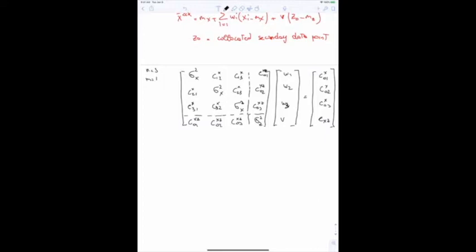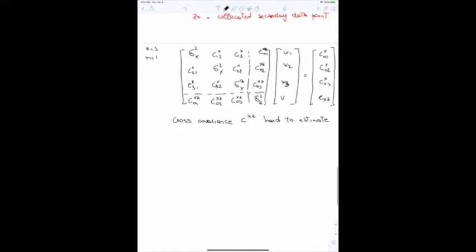Now, generally, we assume that the cross covariance CXZ is hard to estimate because generally you don't have enough data. So we generally assume that CXZ of H is equal to the variance of Z divided by the variance of X times the correlation between x and z times the covariance of x.